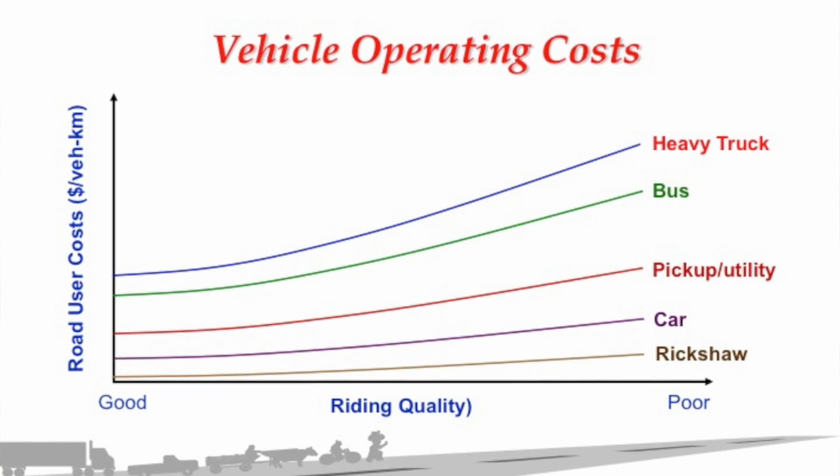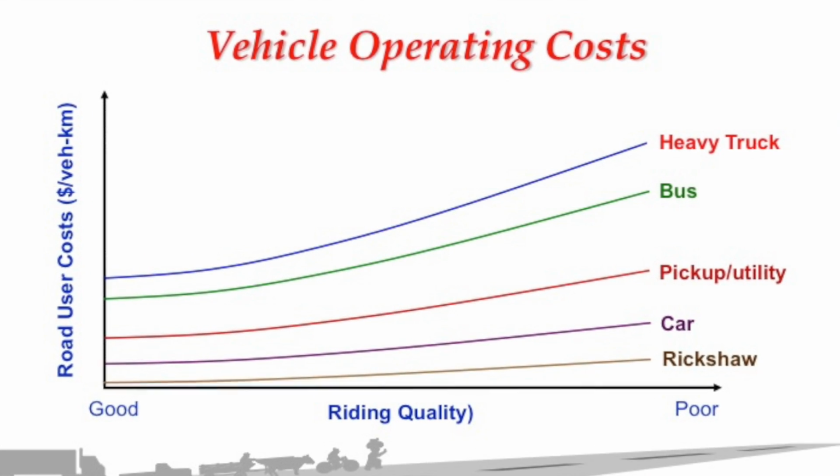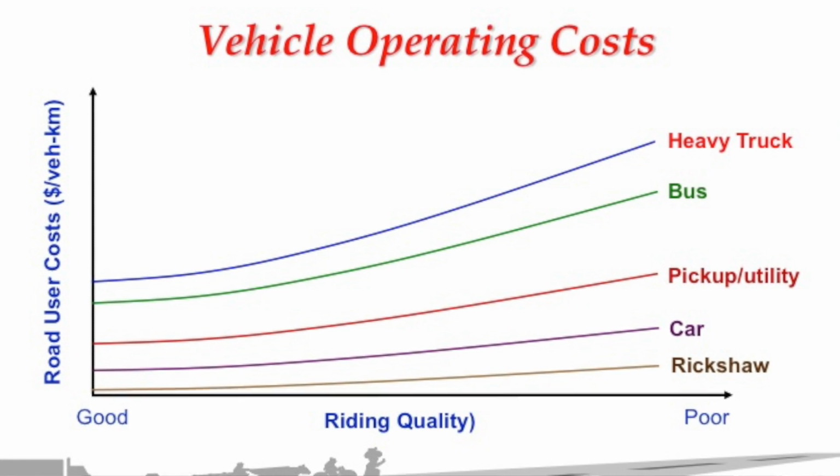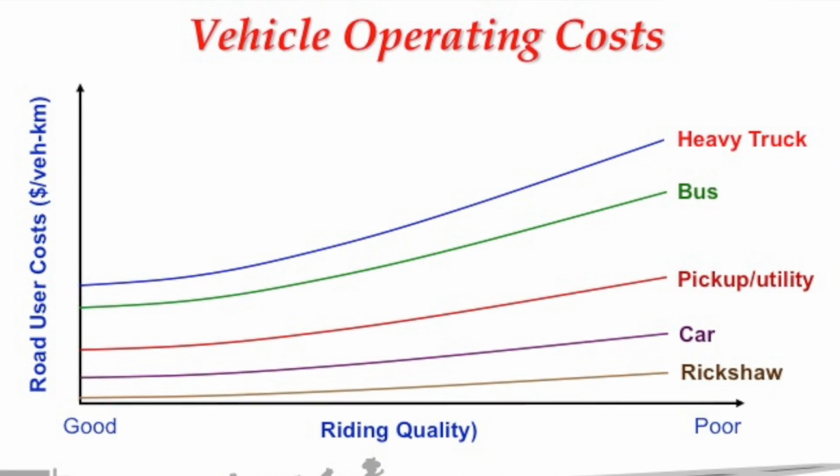Again, there are equations that we use, econometric models, that will tell you that depending on your road condition, good to poor, measured in terms of riding quality, a heavy truck will have a cost in dollars per vehicle kilometer, which will be much higher than, say, a car.